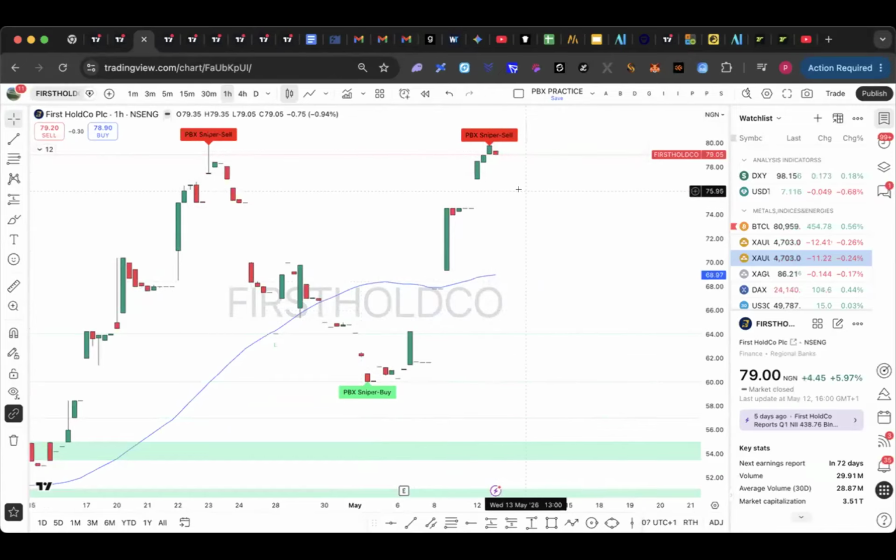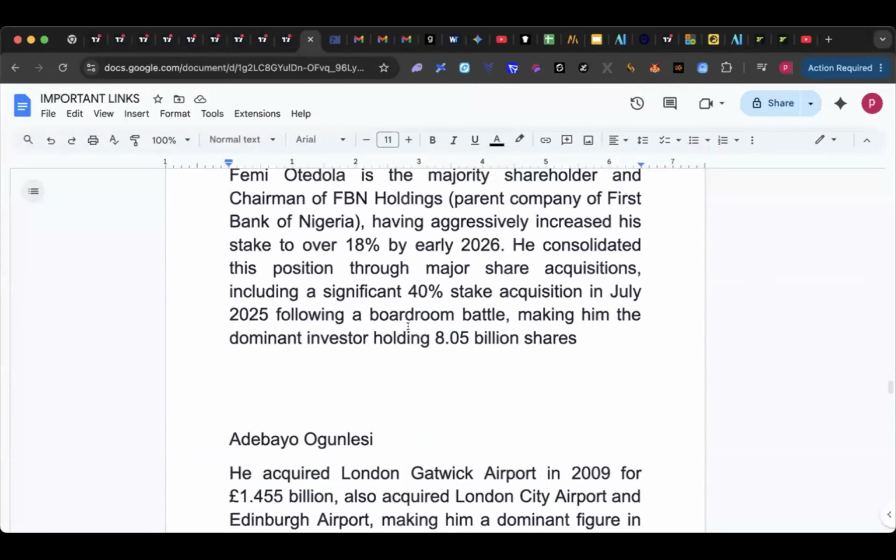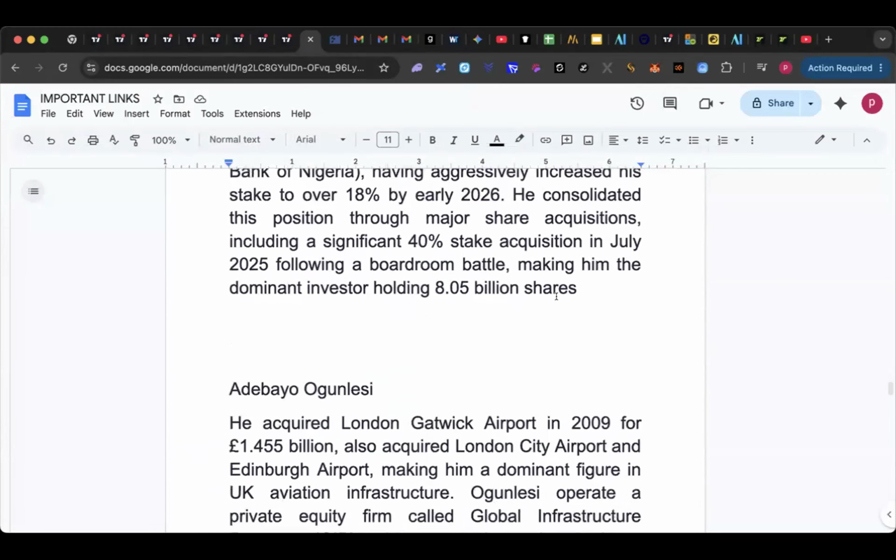First Bank now is 79 naira per share. So multiply 79 naira times 8 billion. That's what I want you to understand. So the context is this. This is one part of the share.